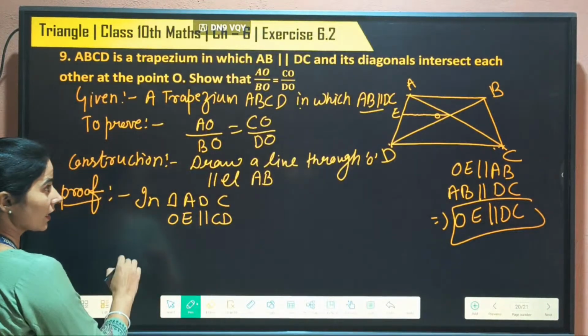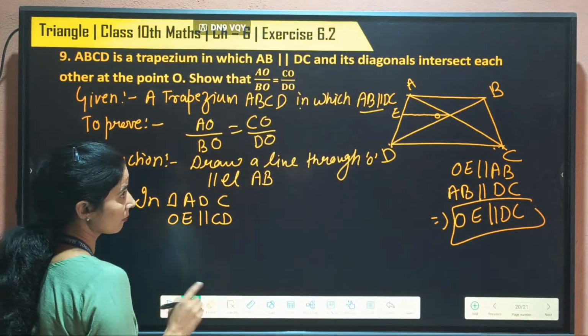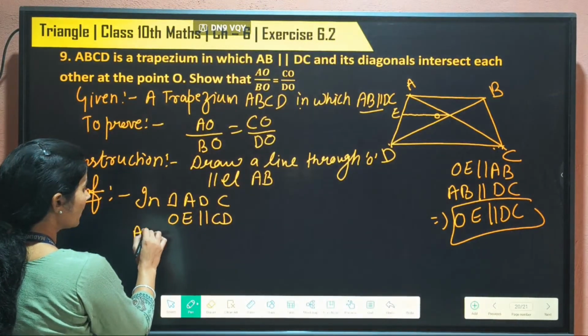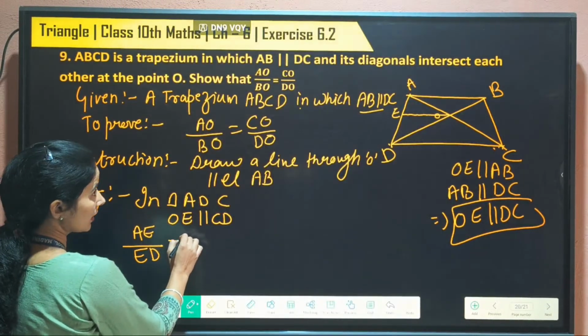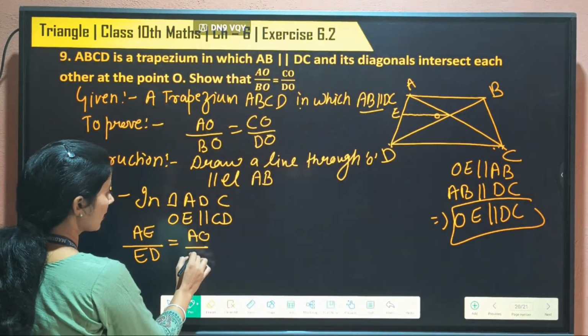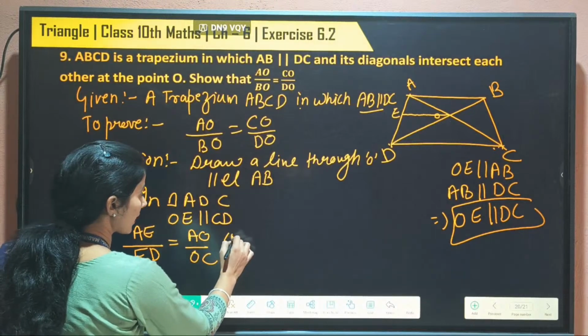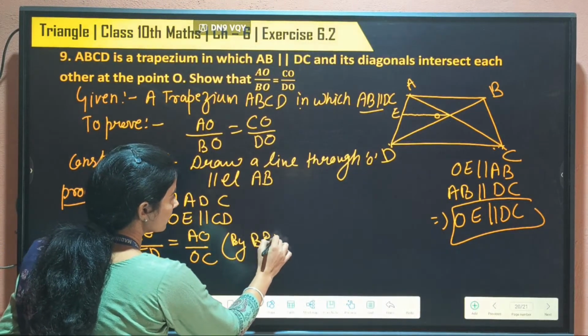Then I can write by BPT theorem, AE by ED equals to AO by OC. This is by BPT theorem.